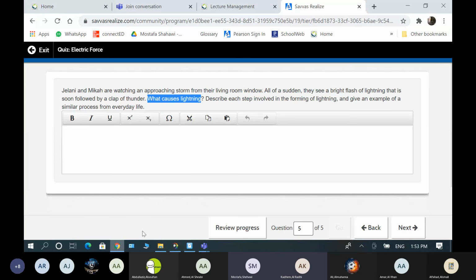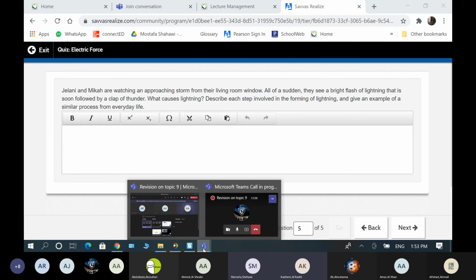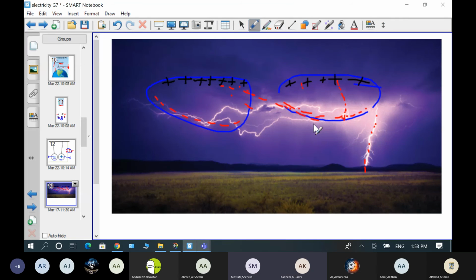Mister, I have a question. Yes. It's about the second step. Second step of lightning? Yeah. What happened? I didn't get it. According to the friction, this friction creates parts with negative charge and parts of positive charge.